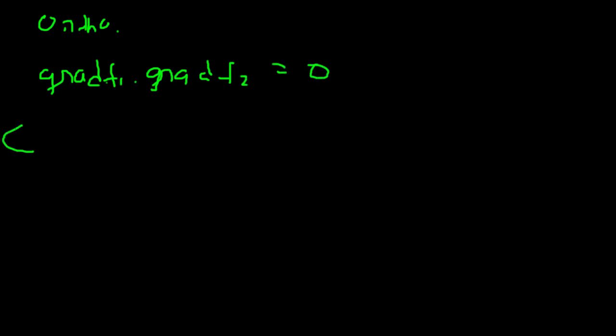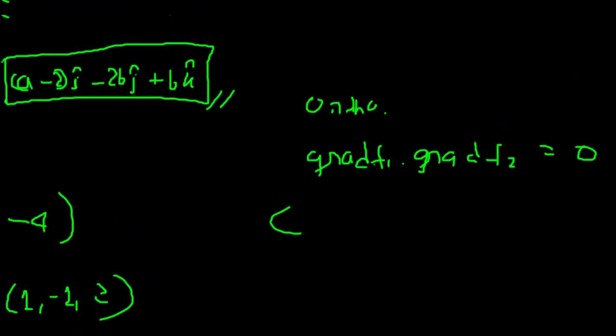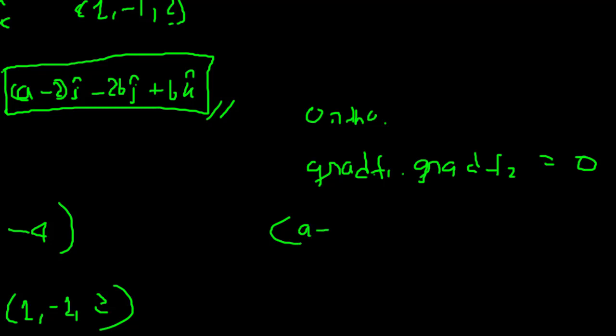The value of gradient of f1, which we solved earlier, was a minus 2 i cap minus 2b j cap plus b k cap.